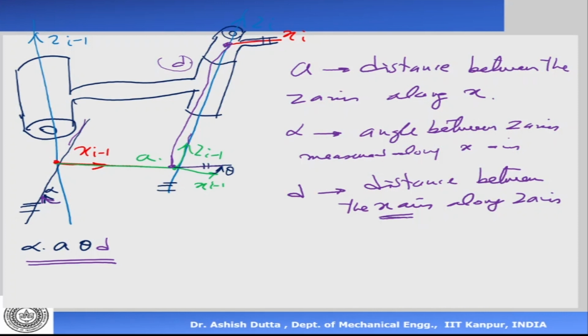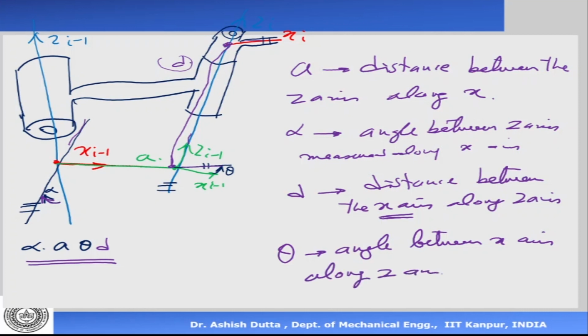So d is the distance between the x-axes along the z-axis. And what is theta? Theta is the angle between the x-axes along the z-axis. Okay, so these are the 4 DH parameters, and this is how they are defined.